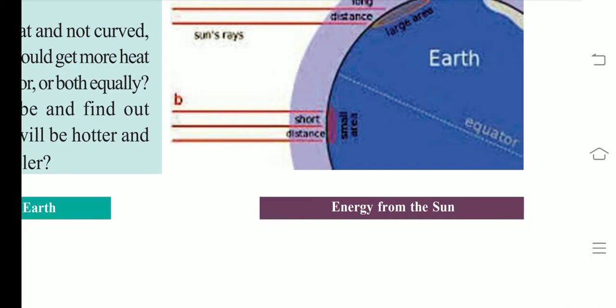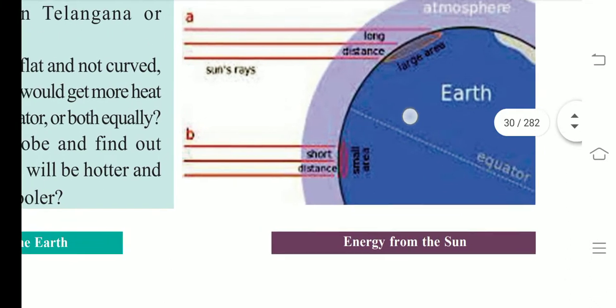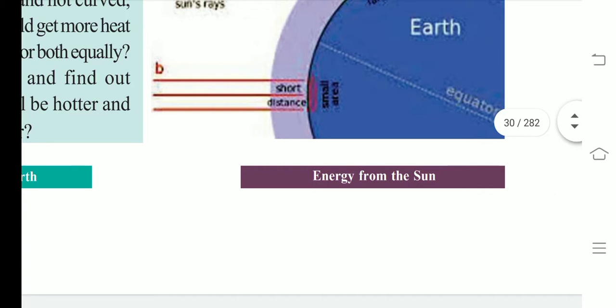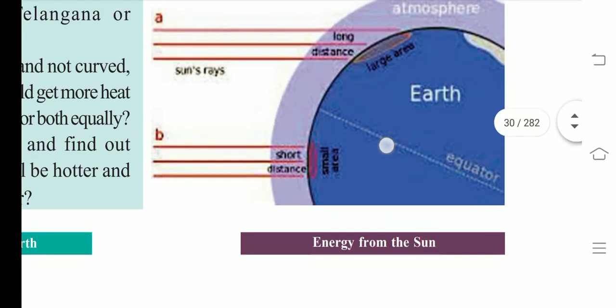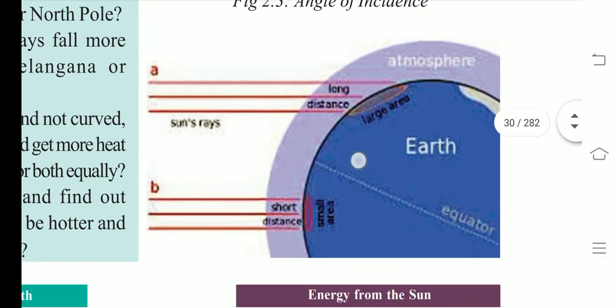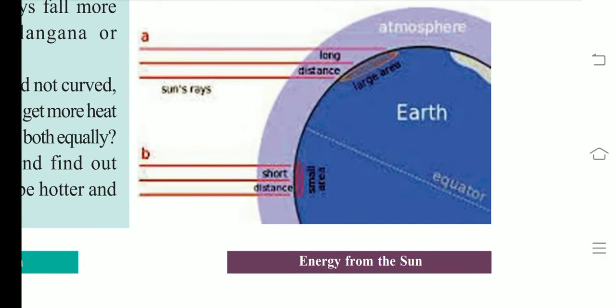Then the Earth is tilted 23 and a half degrees, so the sun rays do not fall vertically on the northern hemisphere, right? So the angle of incidence increases moving from the equator to the north and also to the south, understand?